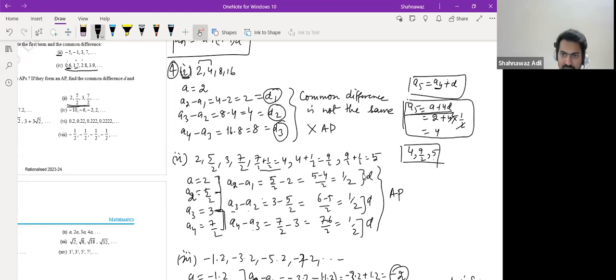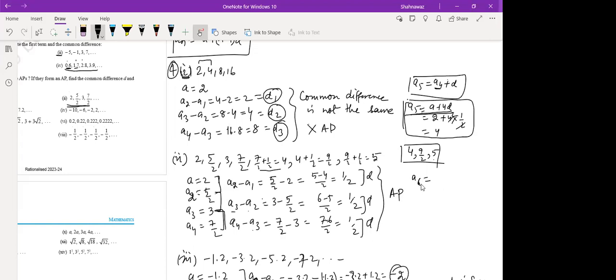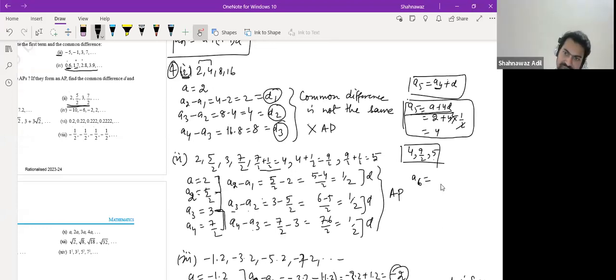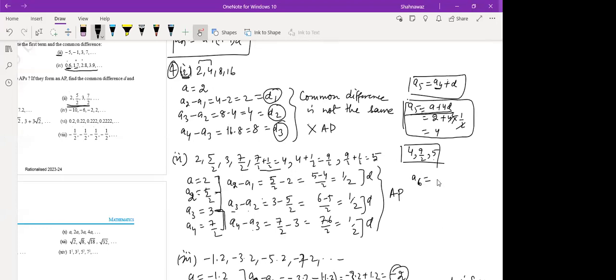Okay, so what will be the sixth term in the general form, Talha? Any question is always targeted, so in today's class all the questions will be targeted to Talha. With the general form, what would be the sixth term?